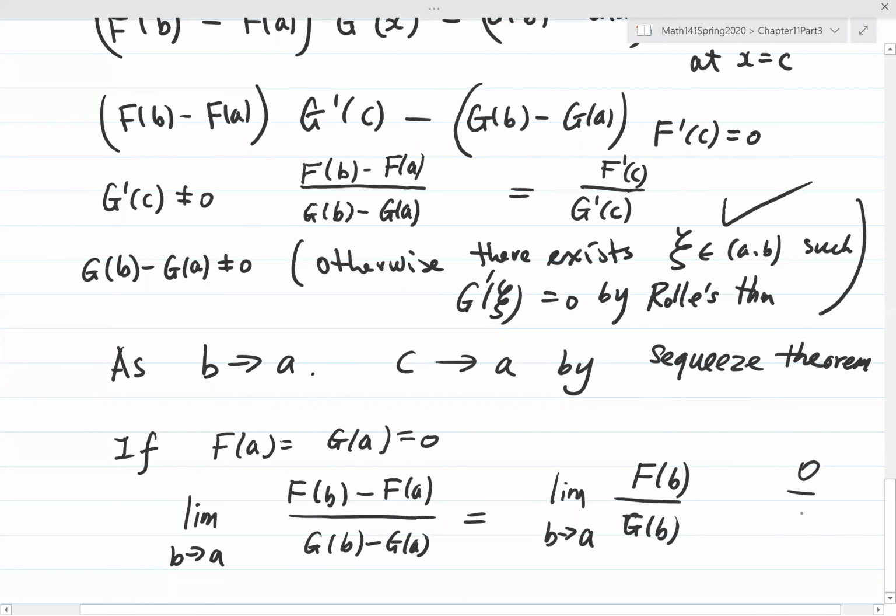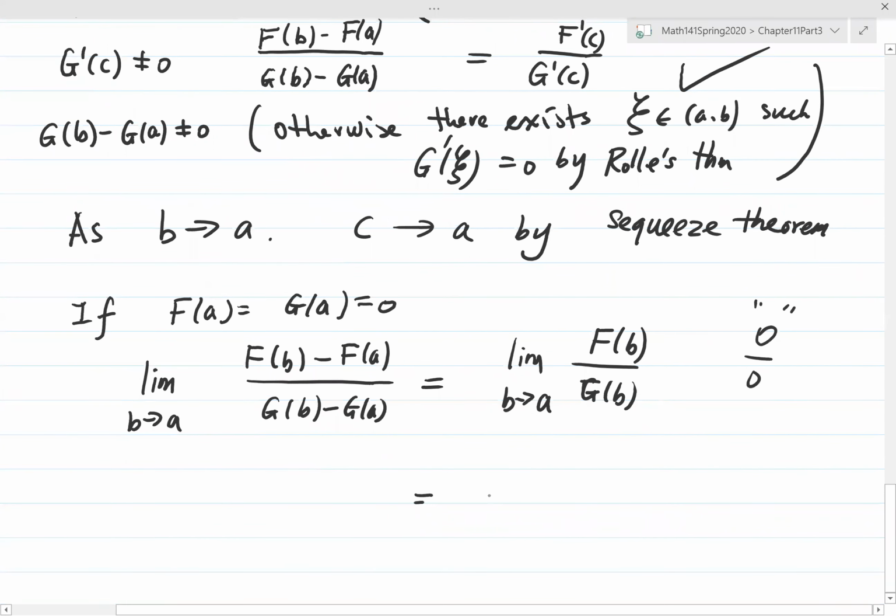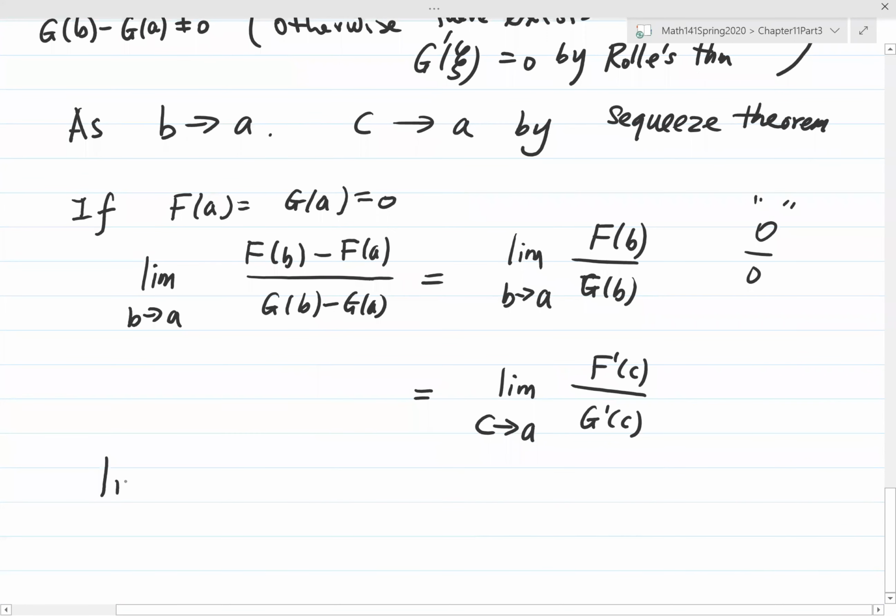So this is 0 over 0 if you plug in b equals a. The right side is F derivative c over g derivative c. Here, b approaching a tells us that c also approaches a. So if you write b and c in terms of x, then you get the limit as x approaches a of F(x) over g(x) equals the limit as x approaches a of F derivative x over g derivative x.